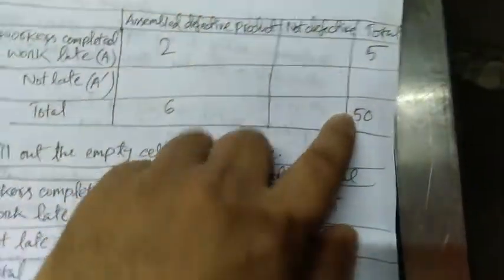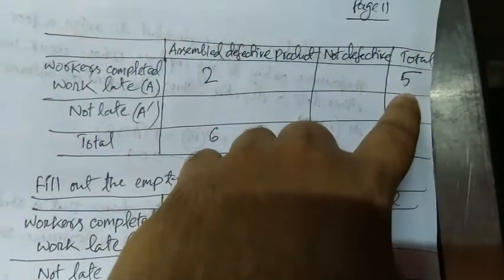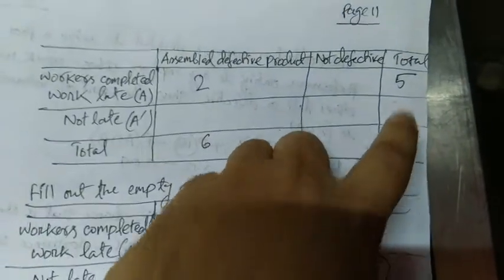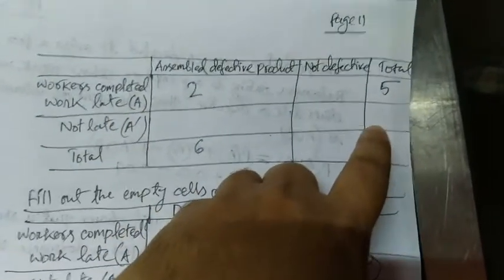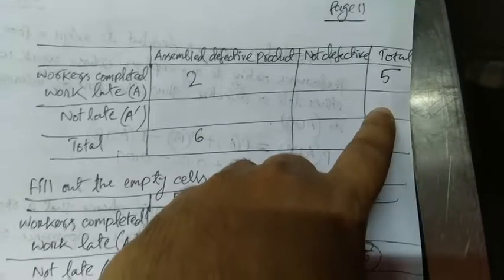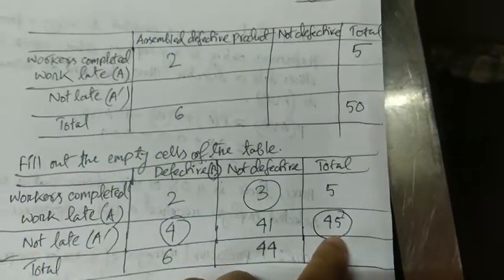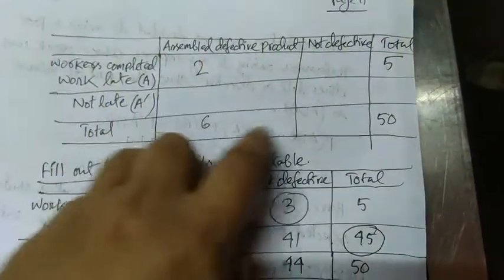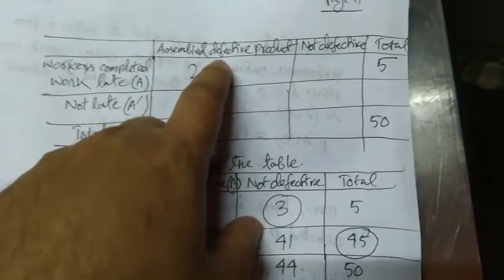As you can see, out of 50 workers, 5 workers are late in completing work. So obviously the remaining 45 workers are not late. Again, out of 50 workers, 6 workers assembled defective product.